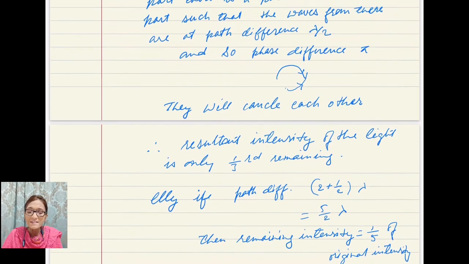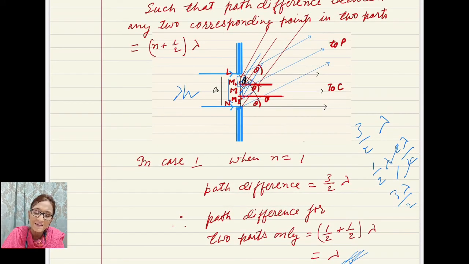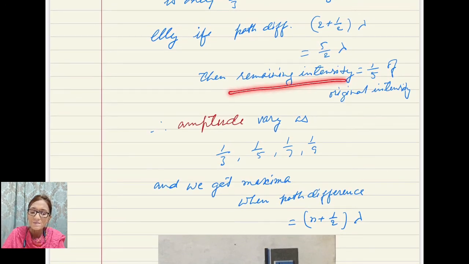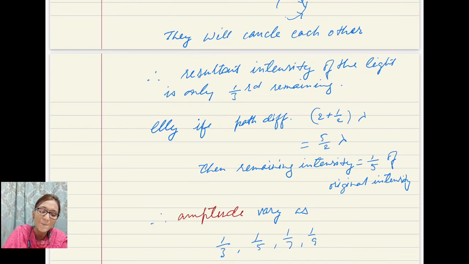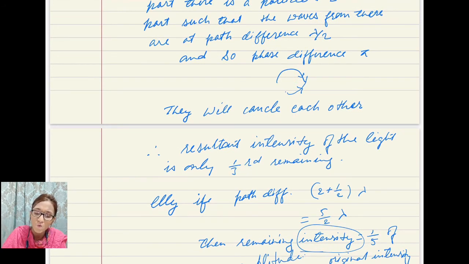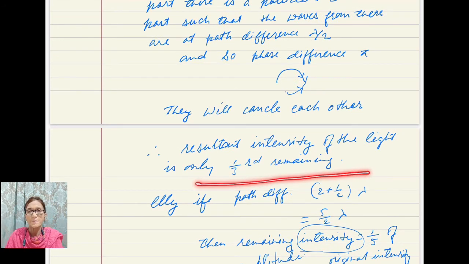Now for the resultant intensity, the light from the two parts, the waves from two parts, have cancelled each other, and you are left with the third part. So you will find that the resultant amplitude of vibration, or intensity, will be only one third of the remaining.